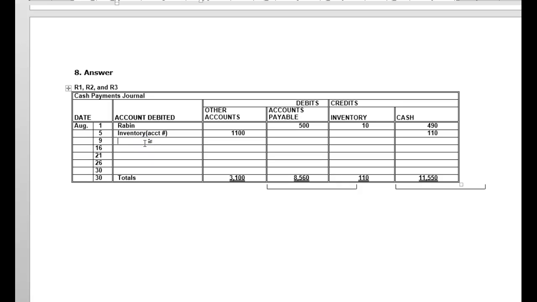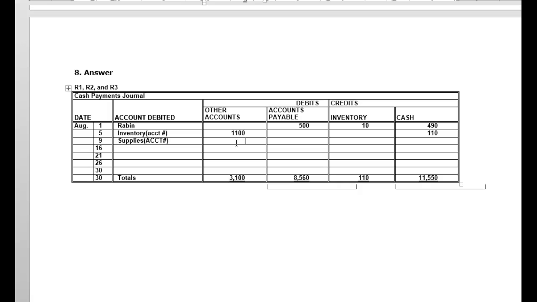So 9, on August 9th, they paid $300 for supplies. So again, there's no supplies over here, so it's going to be another account. You're going to type in supplies. Again, there's never too much information. There's not such a thing as too much information here.